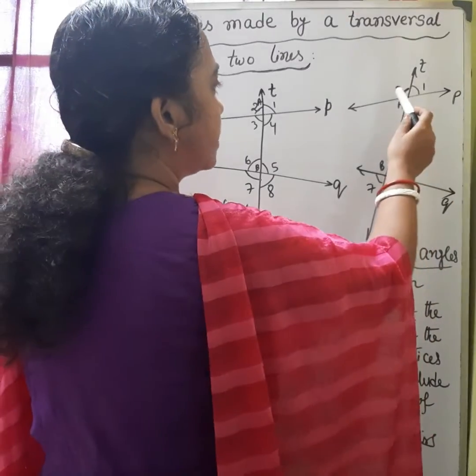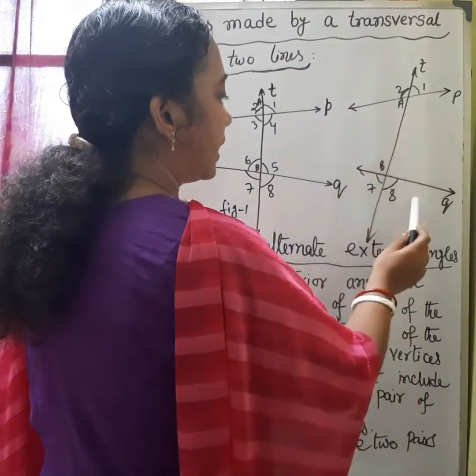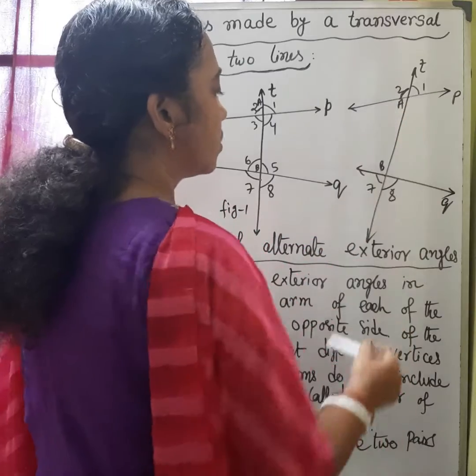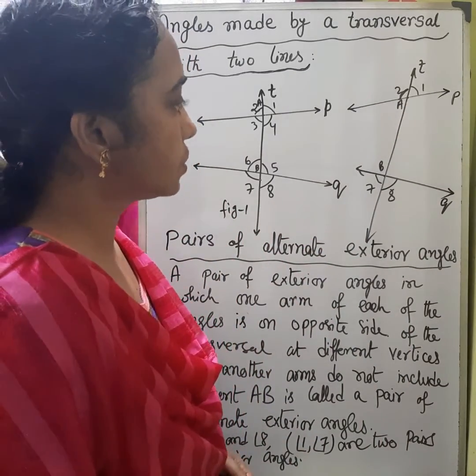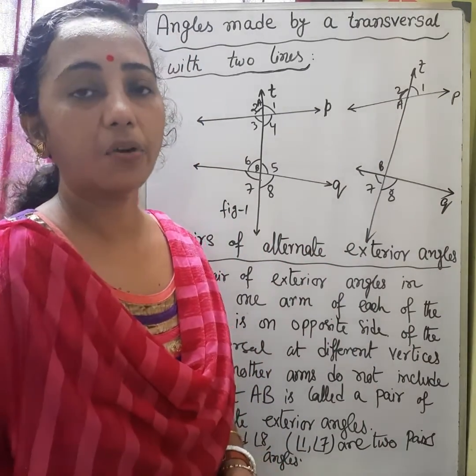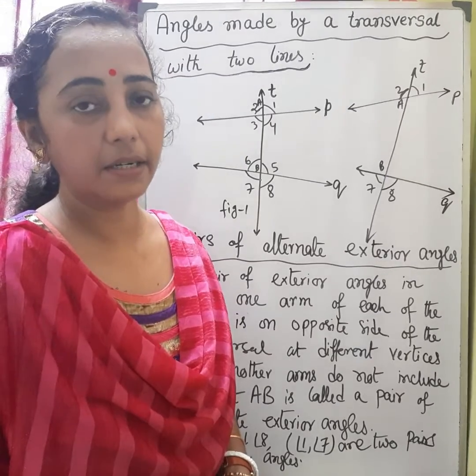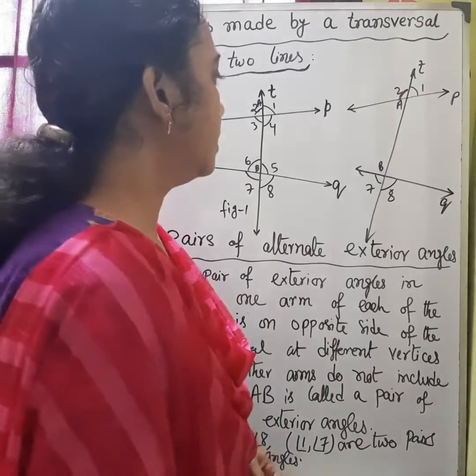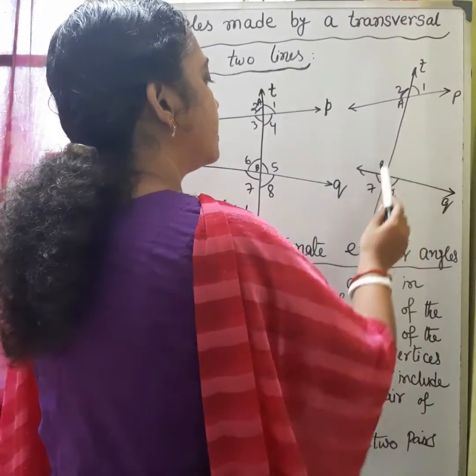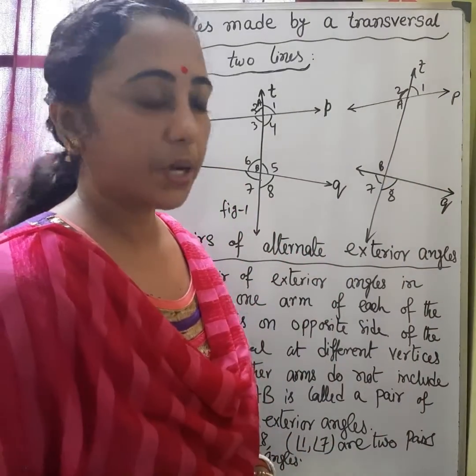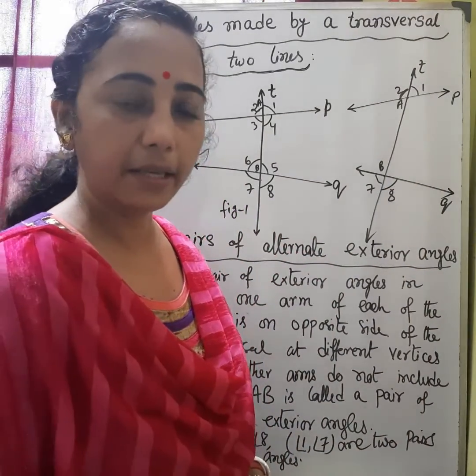So that will be angle 2 and 8. They are opposite to each other also. So these two angles are called a pair of alternate exterior angles. Similarly, angle 1 and 7 are another pair of alternate exterior angles.